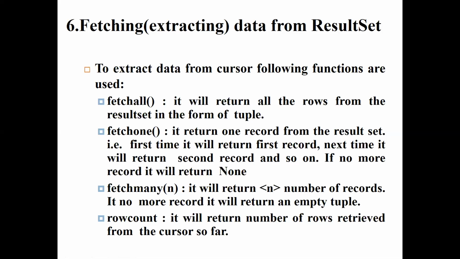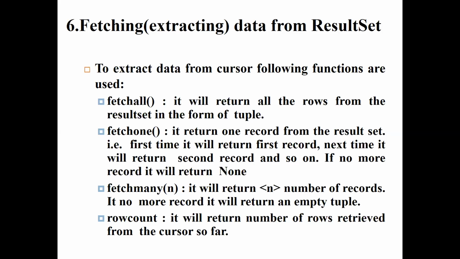So this is what we do. First, you have to import the MySQL connector. Next, you have to establish the connection. Next, you have to create the cursor. Using the cursor, you have to execute the query. Once you execute the query, the result will be available, so that result you have to use.